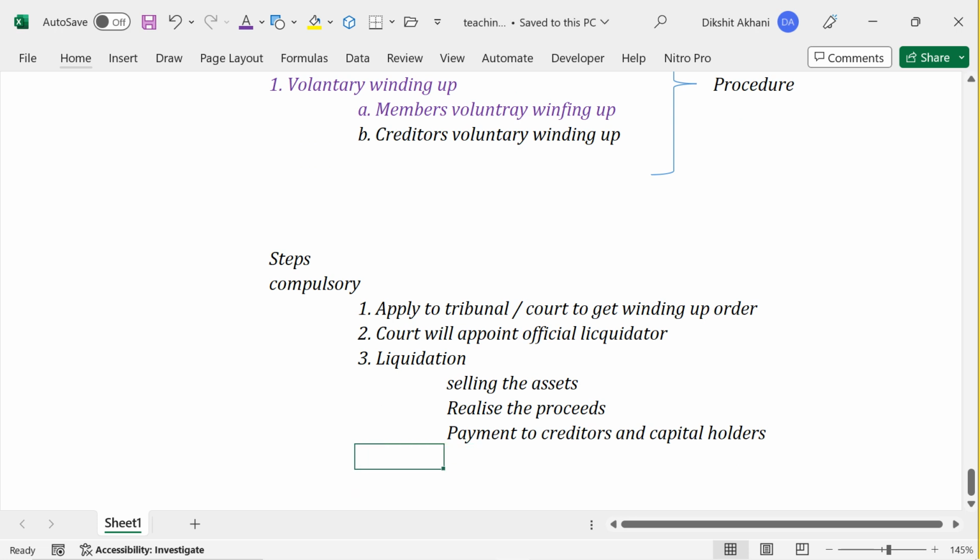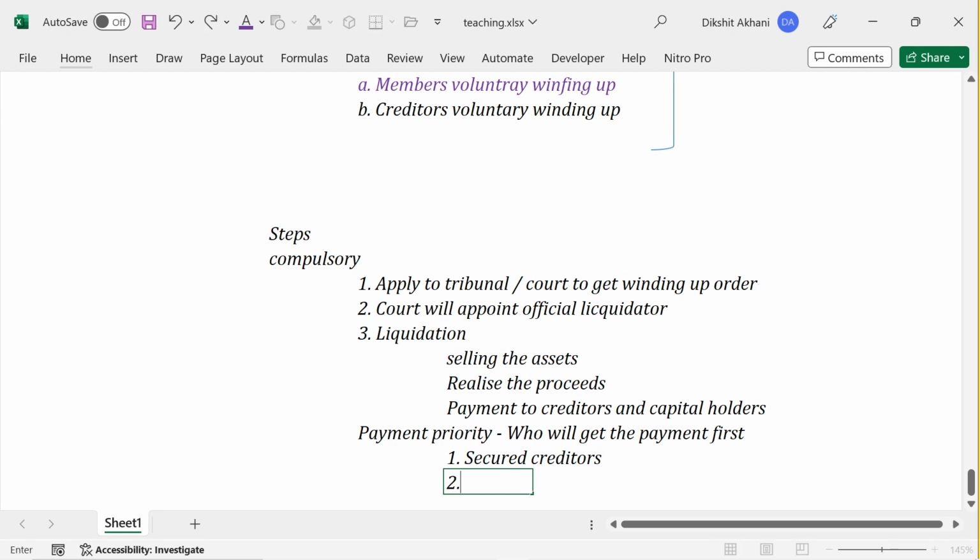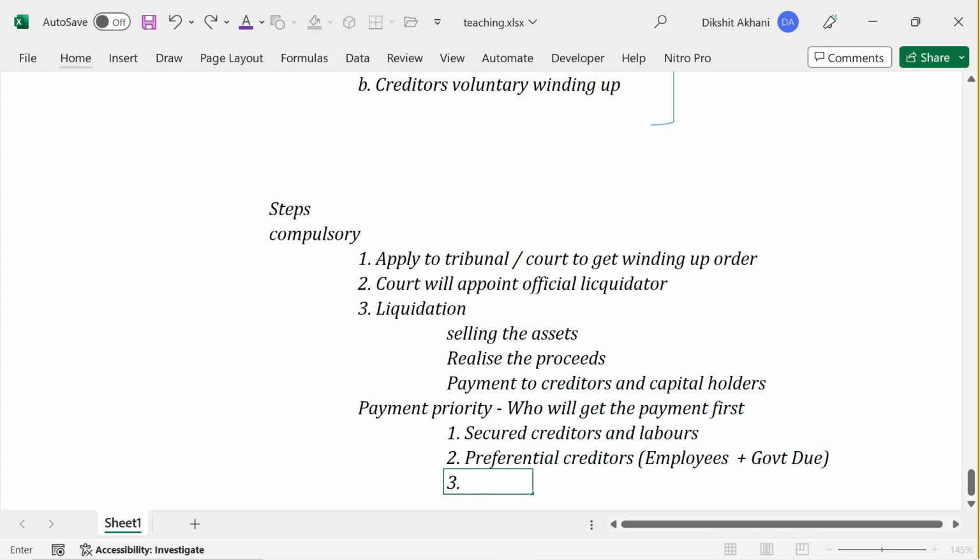Now let's understand the payment priority in corporate law. That means who will get the payment first? तो पहले जो मिलेगा वो भी secured creditors and laborers, pari passu. सेकंड जो होंगे वो होंगे preferential creditors. These are generally employees plus government dues like income tax, GST, etc. Third is floating charge holders.